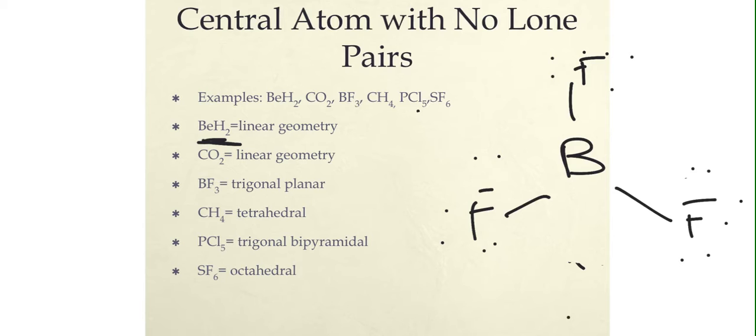So if you notice, it doesn't look super different than that linear structure I had, but all of these fluorines are as far apart from each other as possible. The biggest thing you need to acknowledge is that all 4 atoms lie in the same plane, and they are 120 degrees apart. I know this isn't drawn to scale, but you should know that these are all 120 degrees apart from one another. That is what's known as trigonal planar.